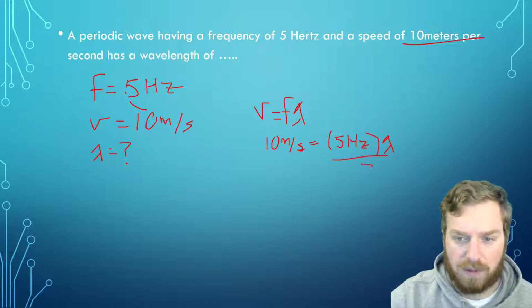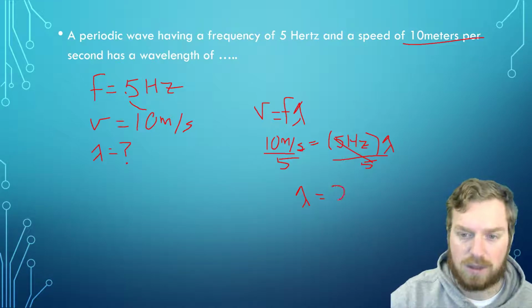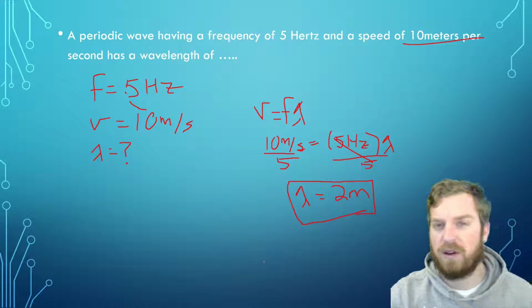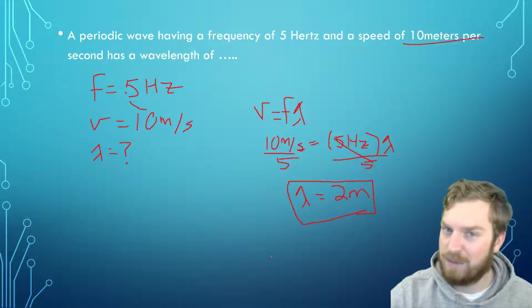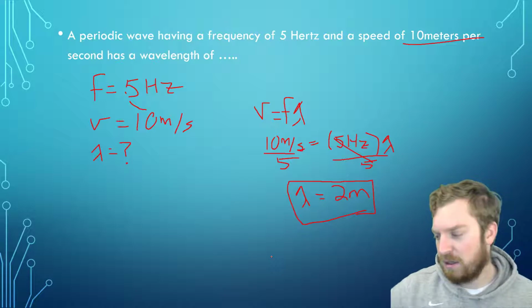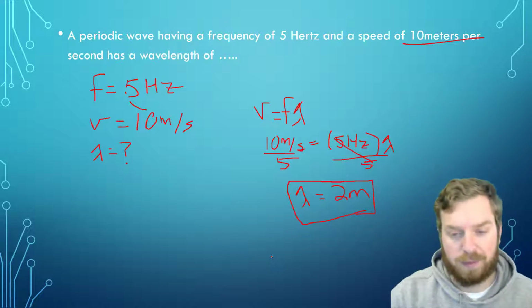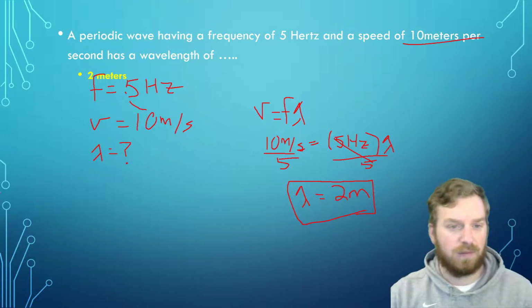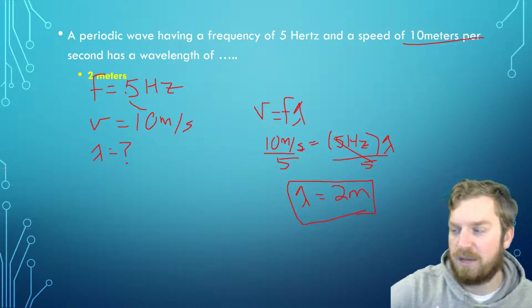We divide each side by the 5, and we get a wavelength of 2 meters. Simple enough. We've done harder. I'm trying to keep it simple and easy for this at-home bit. So I have my little, yes, we did it right, key on the top.